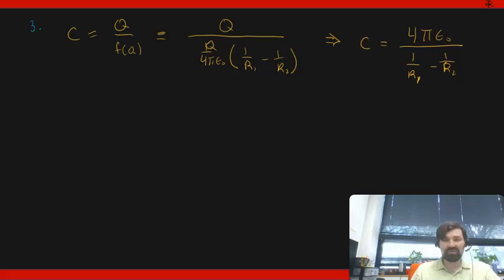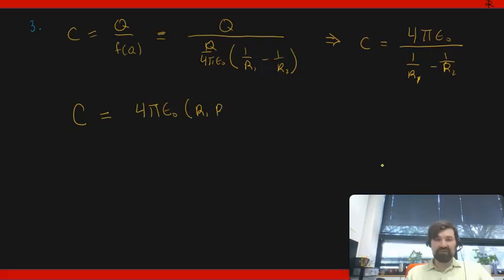And if I wanted to turn that into a single unified denominator, this ends up being 4 times pi times epsilon naught times R1 R2 divided by R2 minus R1. For what it's worth, this right here is the total capacitance.